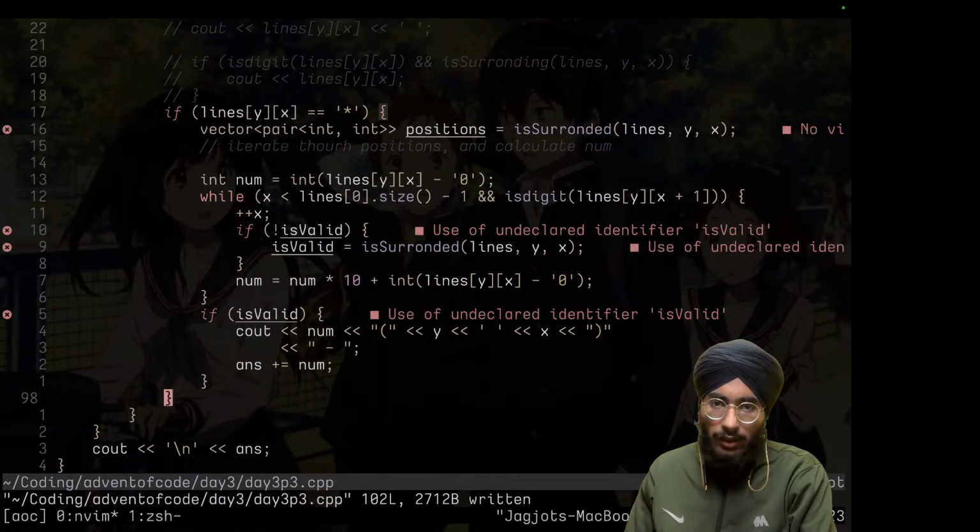This we need to rewrite fully. This needs a full rewrite.